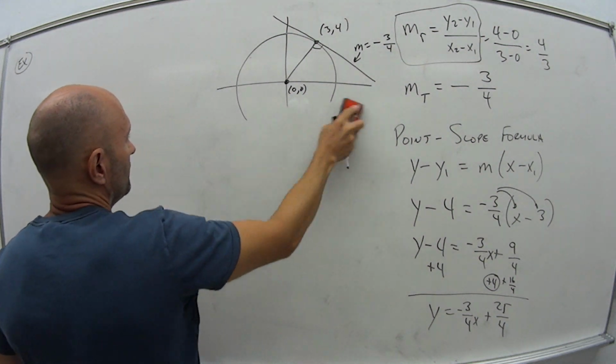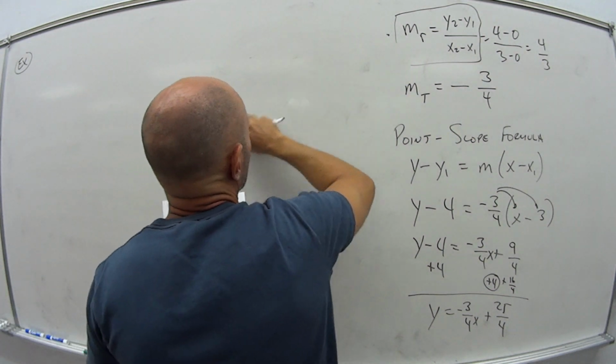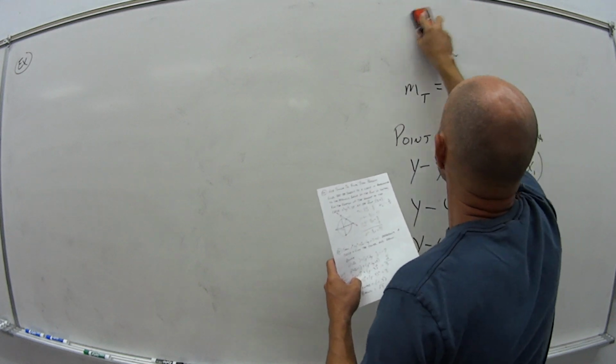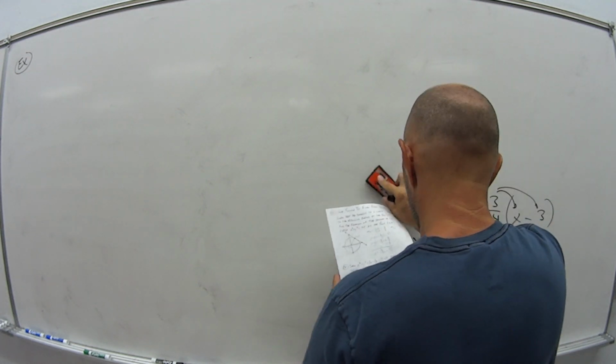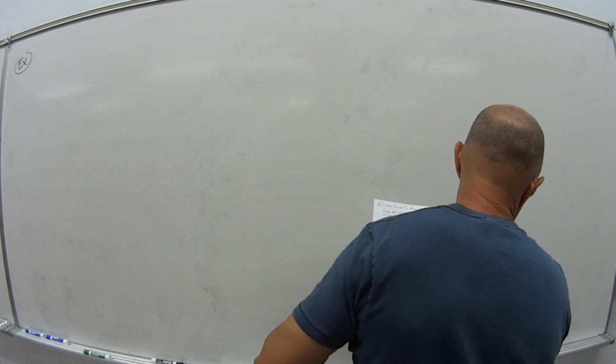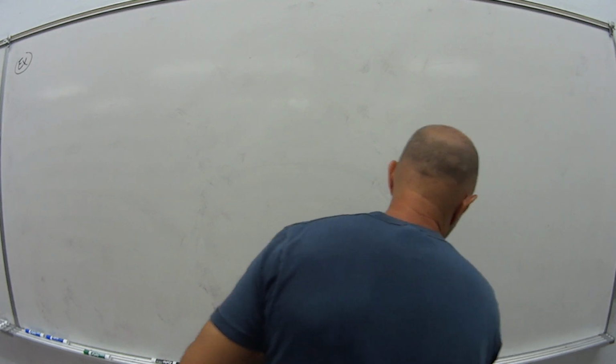So this next example we're going to be doing, we're going back to, from video 1, the standard form of a circle.